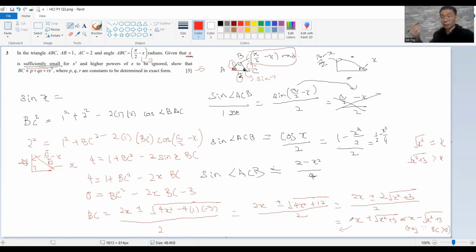how do we show it in this form? Take note that over here is an estimation, so we need to use the binomial expansion. I hope I still have space. So x plus the square root of x squared plus 3, to the power of half, equals to, actually let me write below.